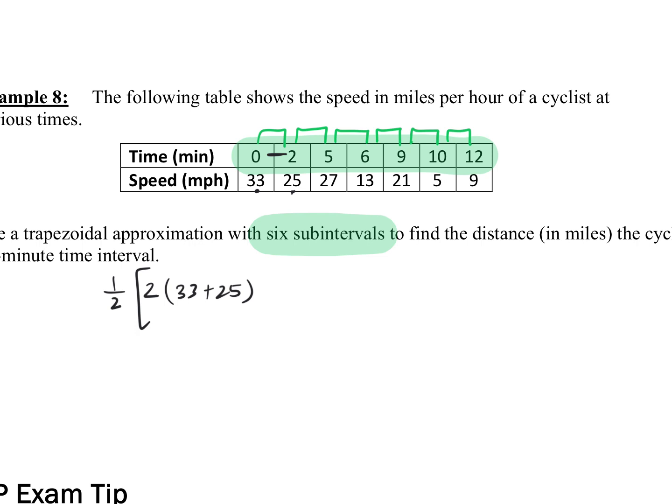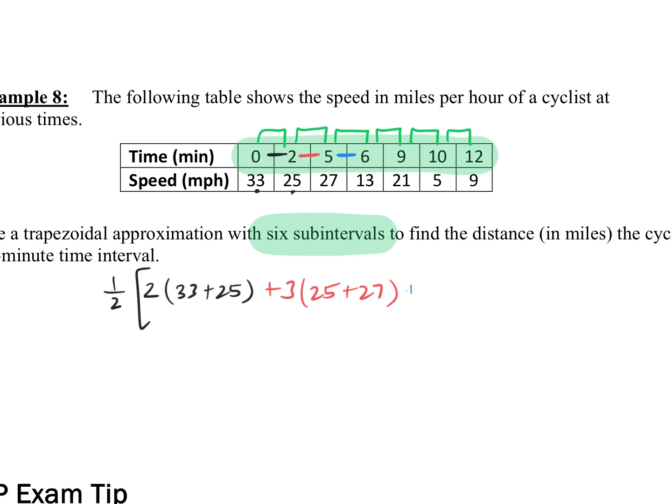Okay, my next trapezoid is in between 2 and 5, so what's the change of x there? 3, yes. And then my bases are going to be 25 and 27, okay, of this trapezoid. Okay, next one is in between 5 and 6.